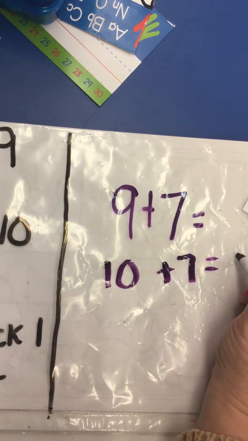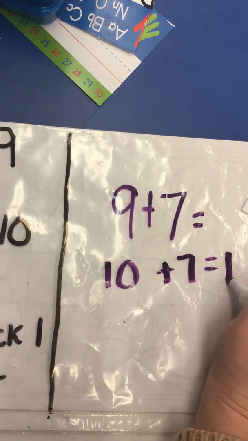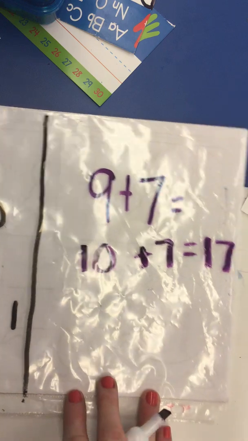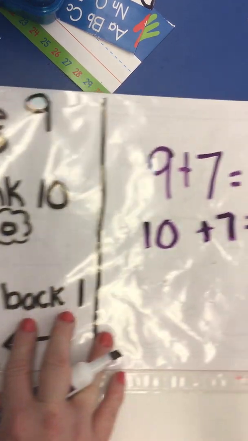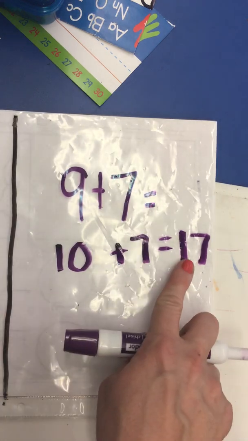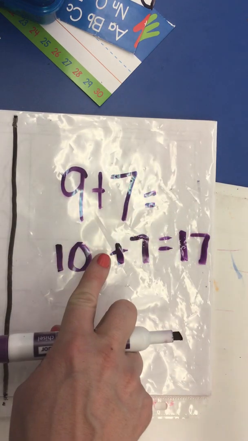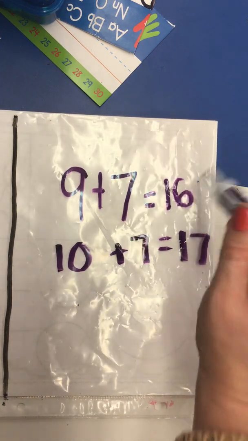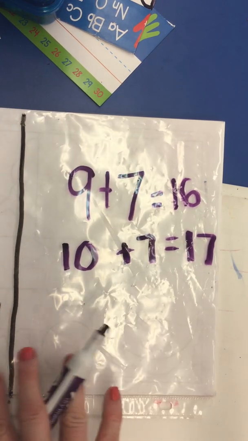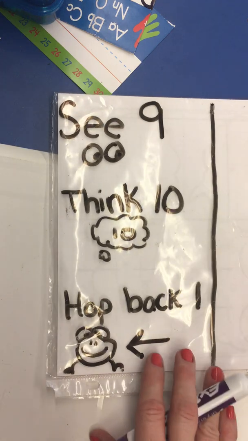So 10 plus 7 would be, you know it, 17, but then hop back 1. So what would 17, and you hopped back 1 time on the number line, be? 16. Don't forget, you can use your number line to help you with that.